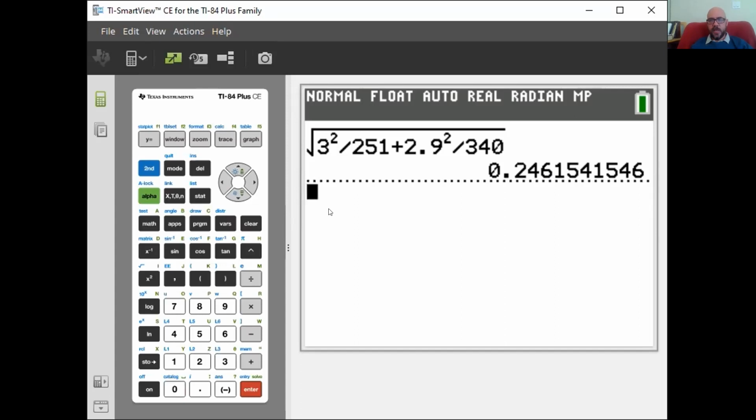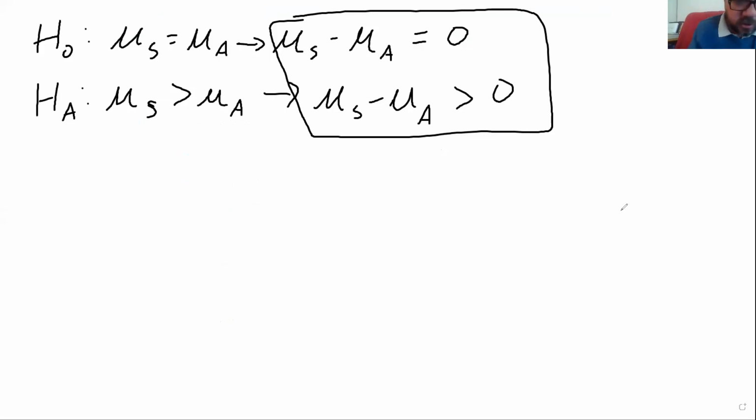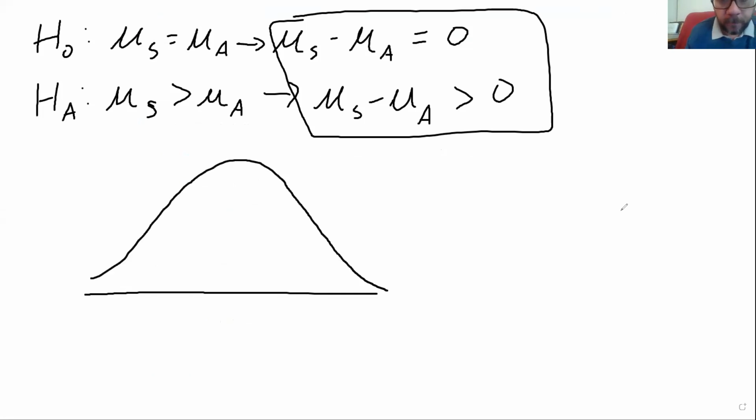Okay, so that means that I want to draw my sampling distribution. Go to the whiteboard, draw my sampling distribution, looks like this. Where the mean is at 0, and the standard deviation is 0.2462.